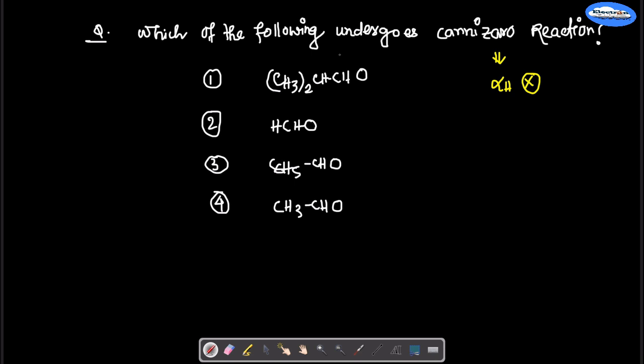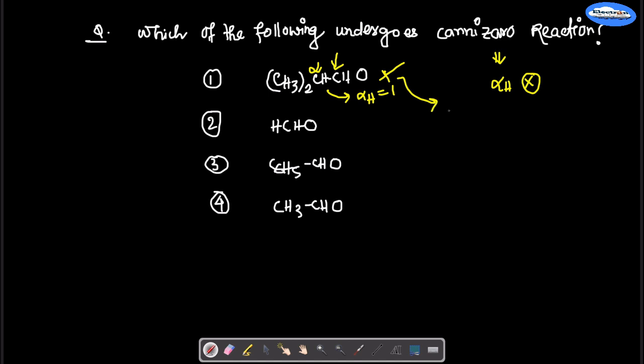So in this first case, if CHO is the basic group, then the corresponding atom is the alpha atom, so it has one alpha hydrogen atom. So it will basically not undergo Cannizzaro reaction, but it is actually an exception.